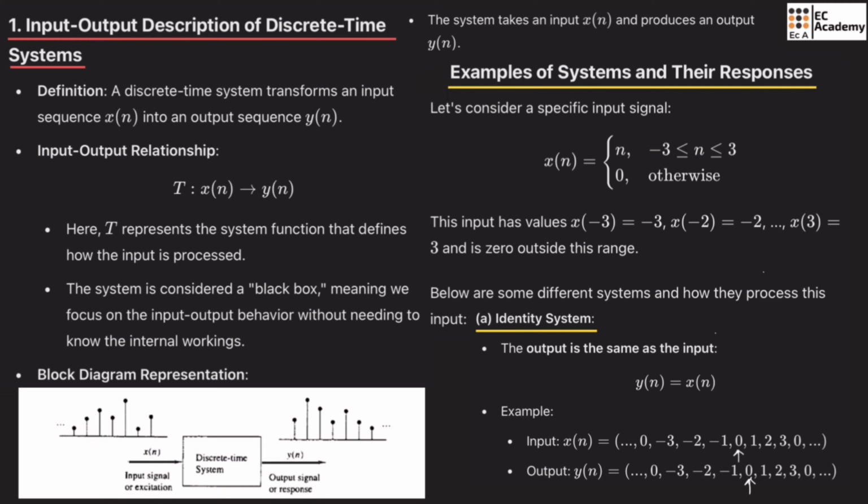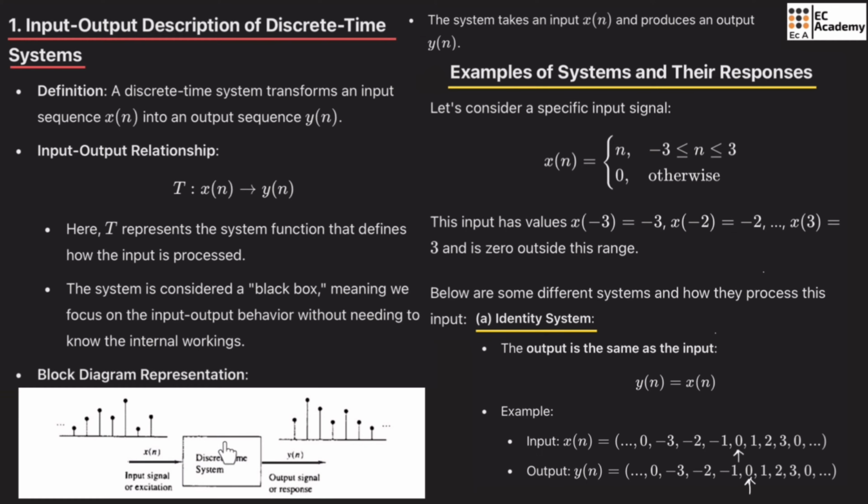So, if we take any system, as you can observe in this block diagram, here we have a system which takes the input x of n, processes it, and gives the output y of n. The input x of n is known as the input signal or excitation, and the output y of n is known as the output signal or output response.